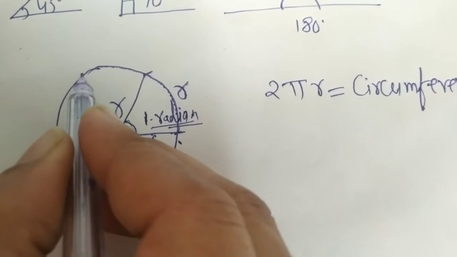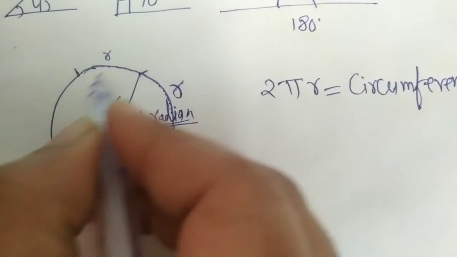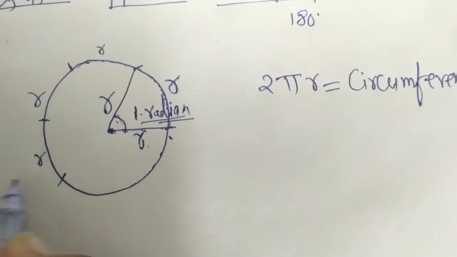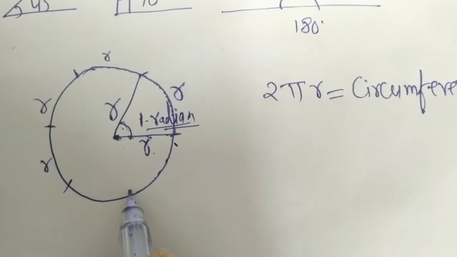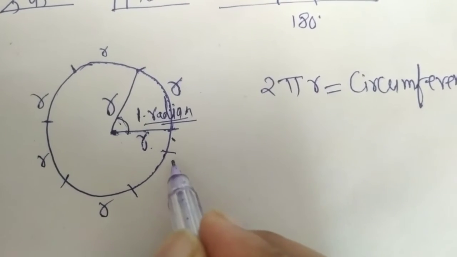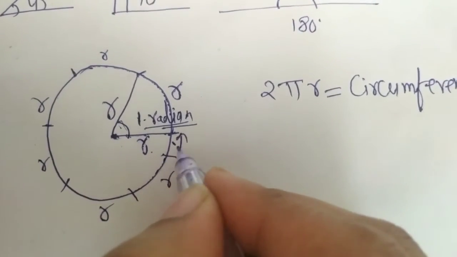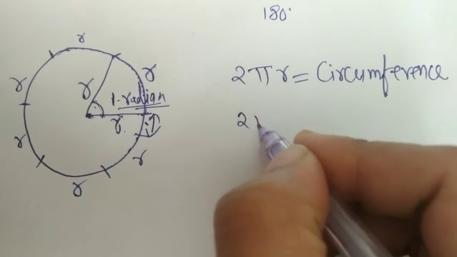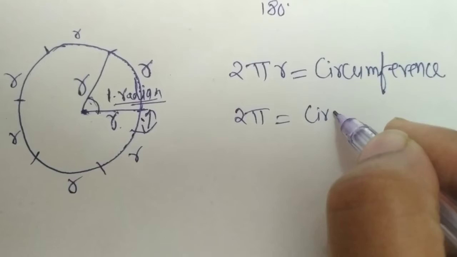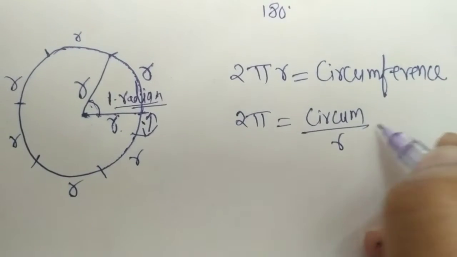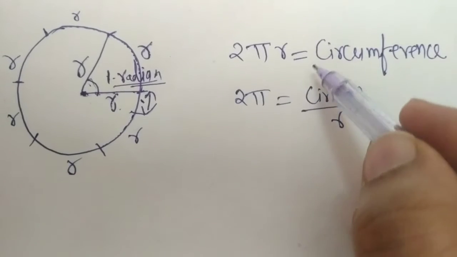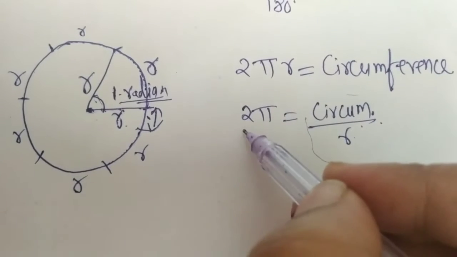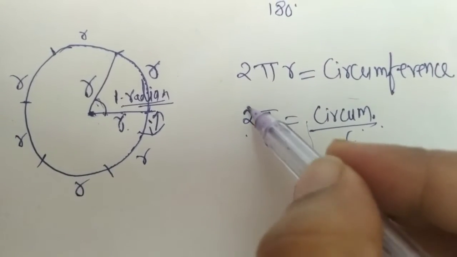This is the first, this is the second arc, this is the third arc, fourth arc of length r, fifth arc, sixth arc, and there is some remaining portion. It means 2 pi is equal to circumference upon radius. We can divide the total circumference by length r, then we get 2 pi.